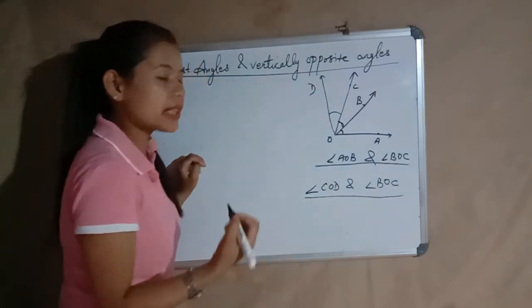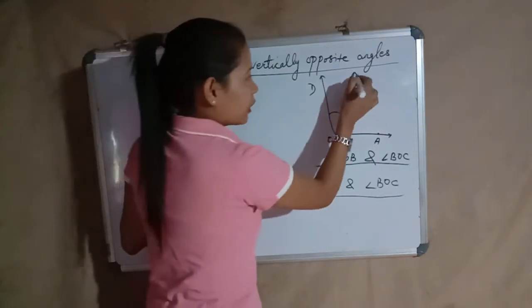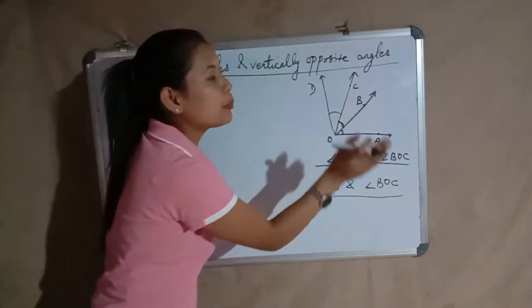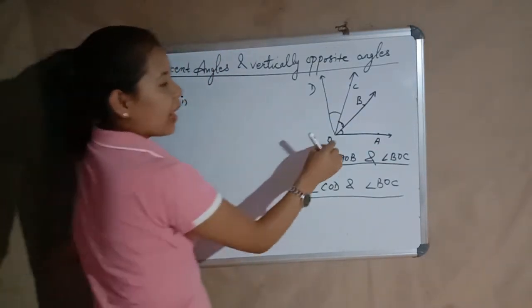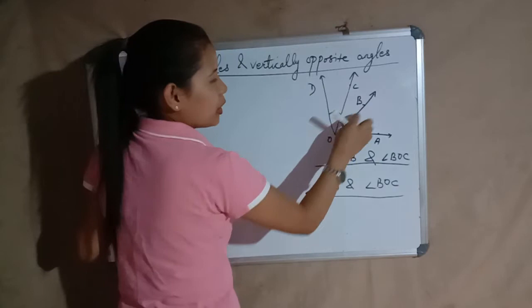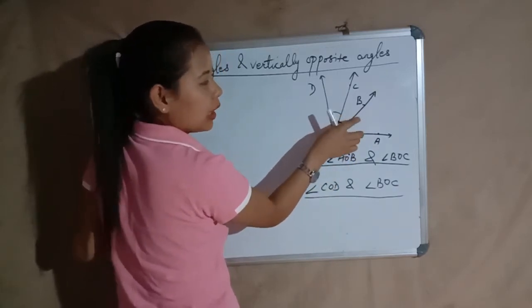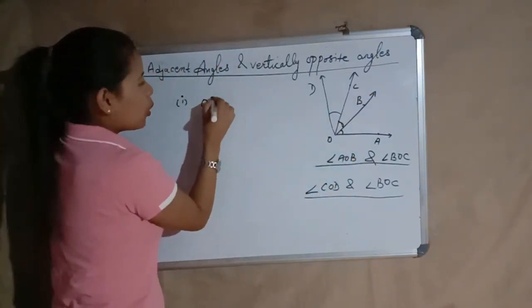If you look at some properties of adjacent angles, you can see a few properties. Number one, they have a common arm. Between these two adjacent angles, there is one common arm, that is OB.